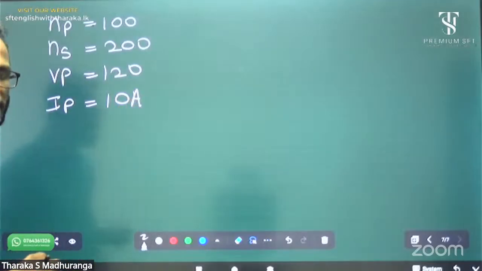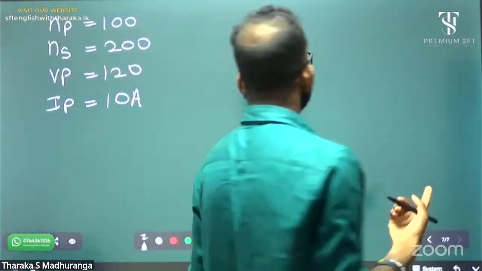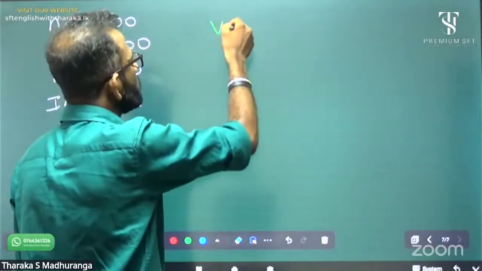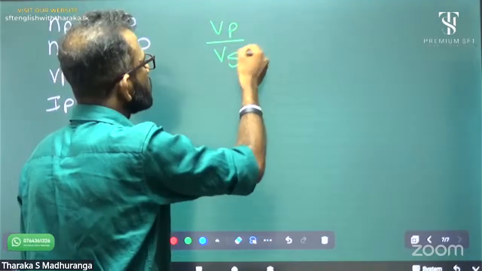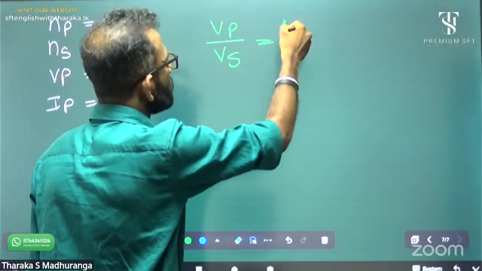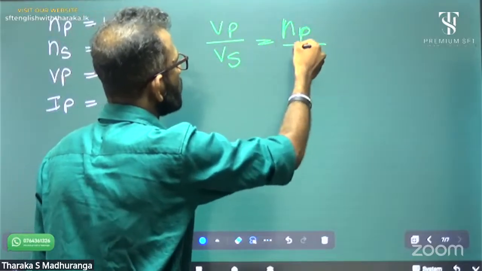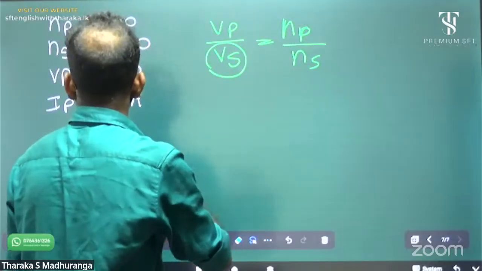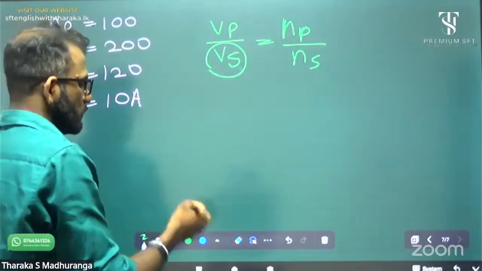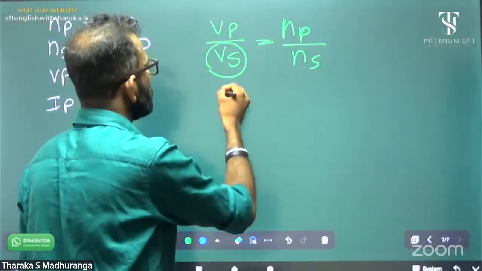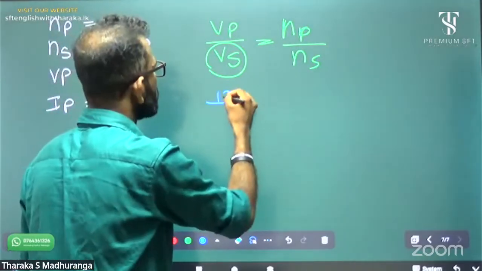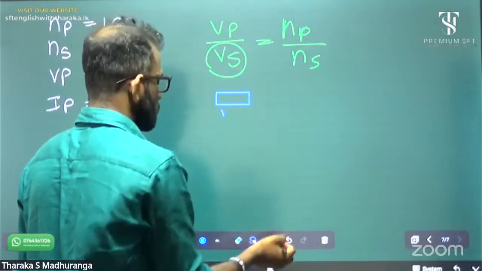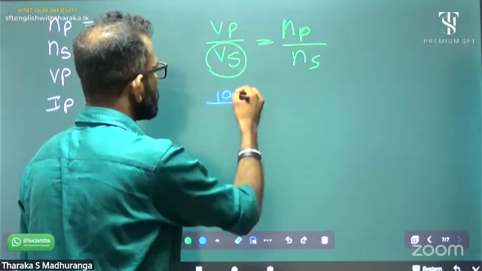They are the data. According to our basic equation, VP over VS equals NP over NS. First, we can calculate the secondary voltage, VS. VP value is given 100.